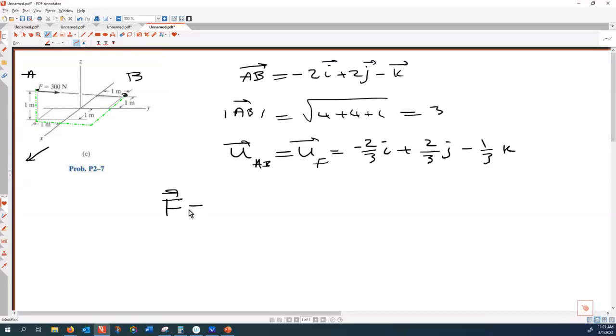So the force vector is the magnitude of force, which is 300. Well, with the k you go down because it's opposite to the z direction. Positive z is that way, so you are going down. So that is why you put minus k.